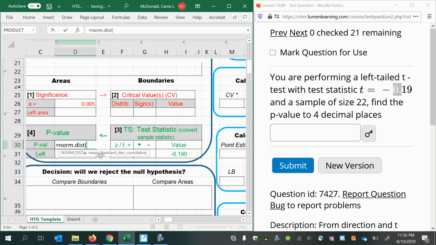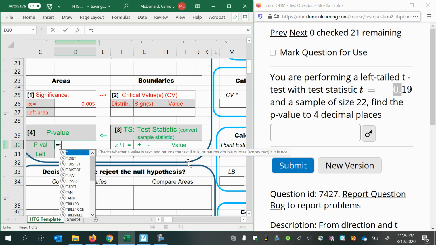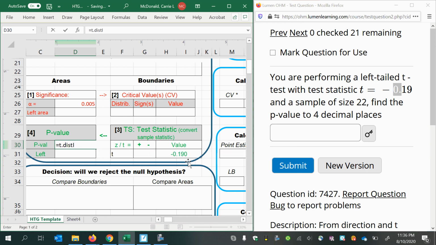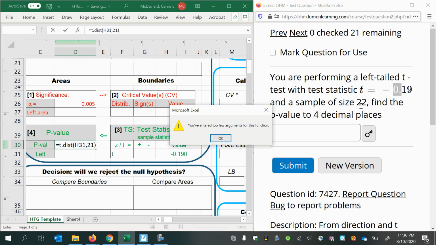My p-value would be norm.dist to the left of this negative test statistic with a mean. Oh, I shouldn't have used norm.dist. I should have used t.dist. It's a t-score. So the t-value, the degrees of freedom, I have a sample of size 22, so I have 21 degrees of freedom here.